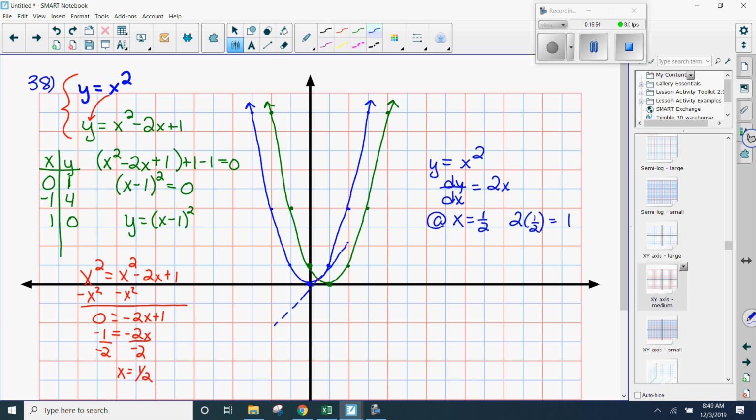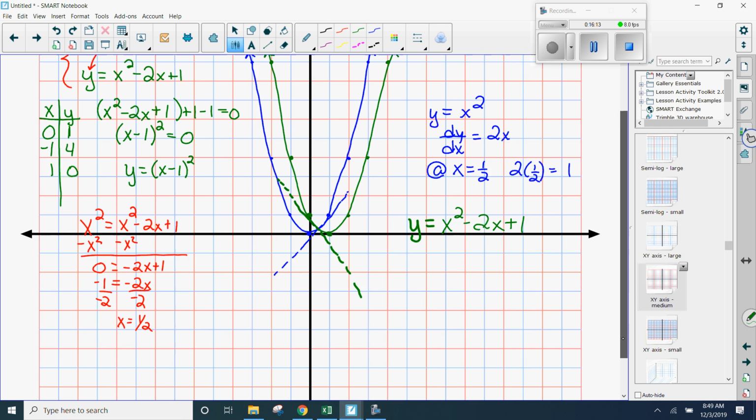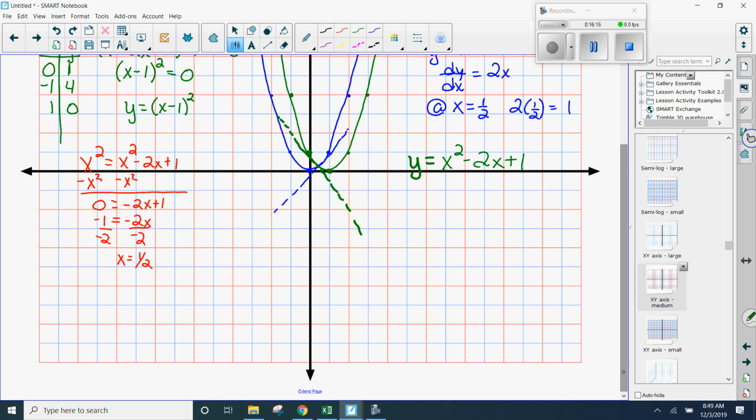So what I need to know is when I sketch the green slope in right there, that is perpendicular to it. So we take the equation y is equal to x squared minus 2x plus 1. And I find dy/dx. So dy/dx, which is slope, is 2x minus 2.